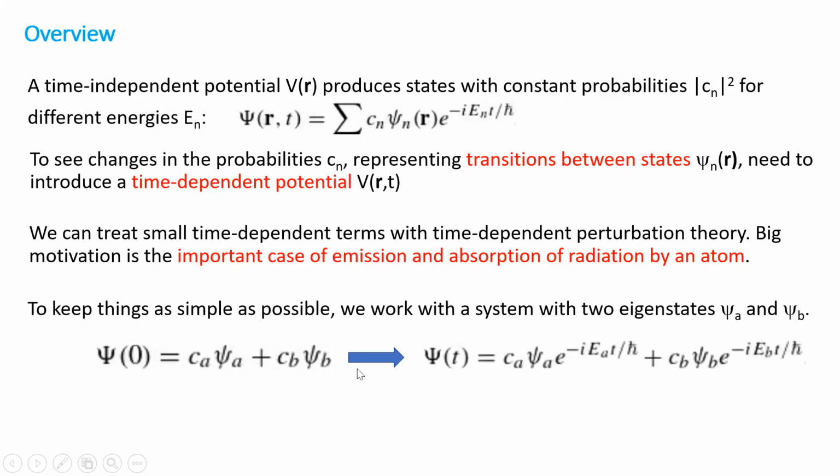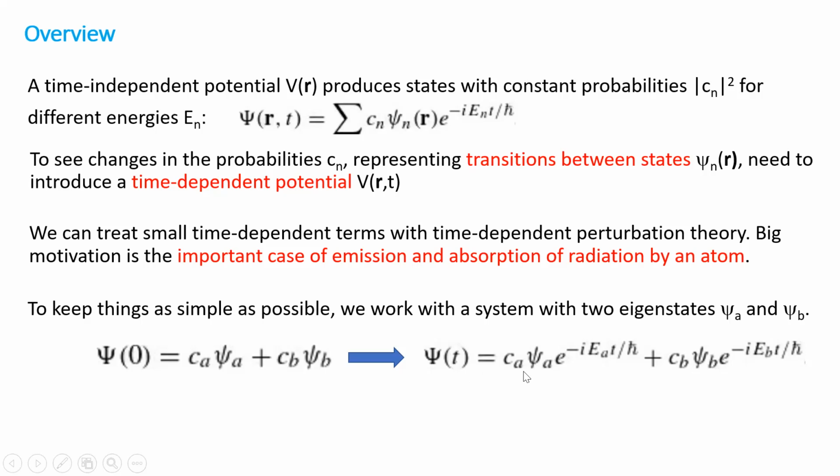So at time t, we get the same thing, except the Ca psi A will be multiplied by the wiggling exponential factor associated with the Ea of the eigenstate psi A. And similarly, the Cb psi B will be wiggling according to e to the minus i Eb t over h bar.